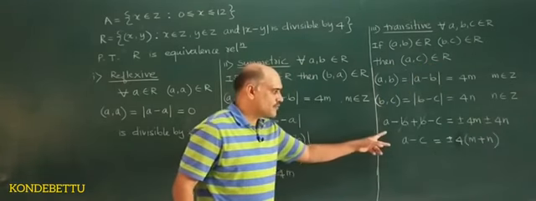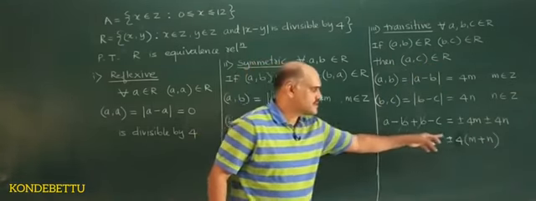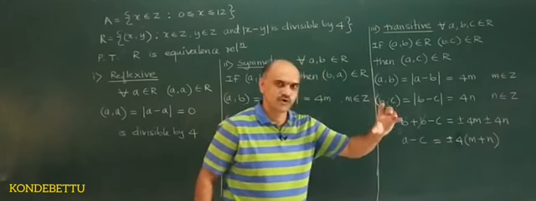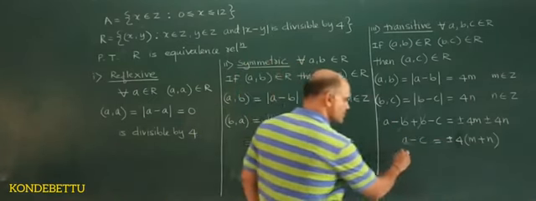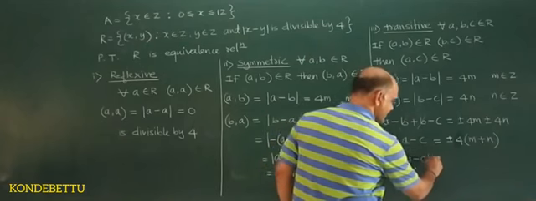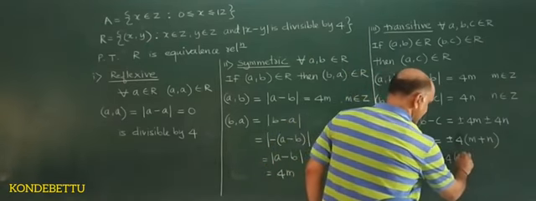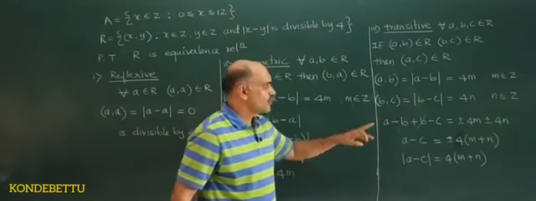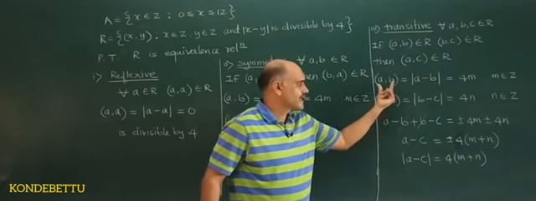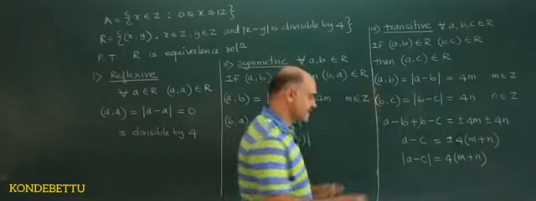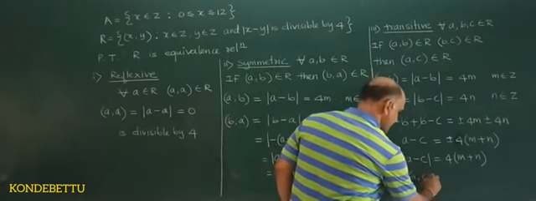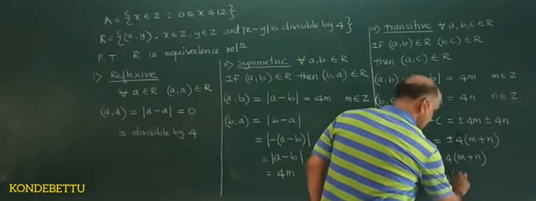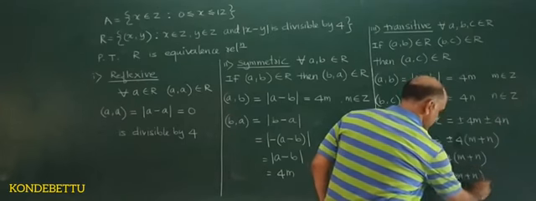Now if I apply mod over here, this will be positive because mod means it will never be negative. So mod of a minus c is equal to 4 times m plus n. But again mod of a minus c, by definition I can write it as a comma c. So this is a comma c is equal to 4 times m plus n.